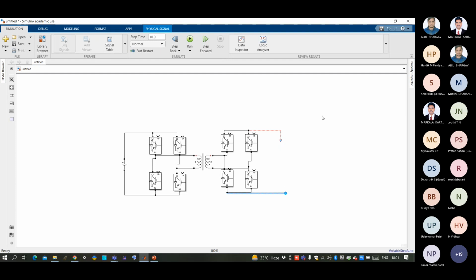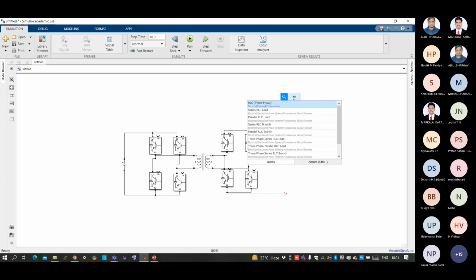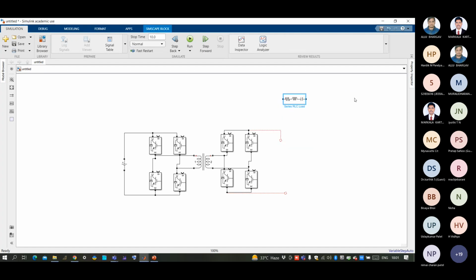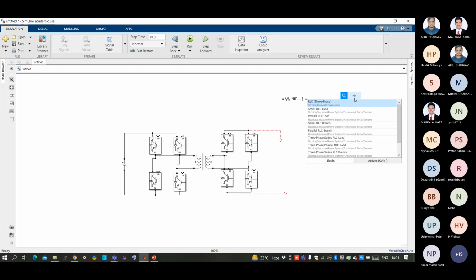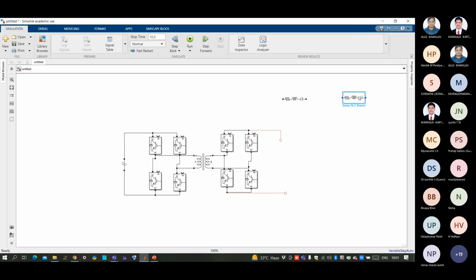And there is one more way to get our elements. We can just double click with the left button of the mouse, and we get elements. We can check here, the RLC element we require now. There are 2 types of RLC branches: here we have series RLC load and RLC branch. So let's see what is different between RLC branch and RLC load.